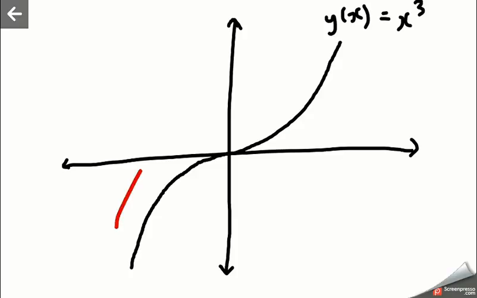We're going down in the negative direction because when you take a negative number cubed, you still get a negative number.